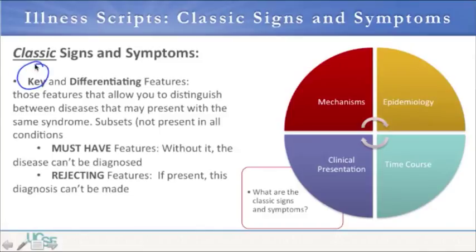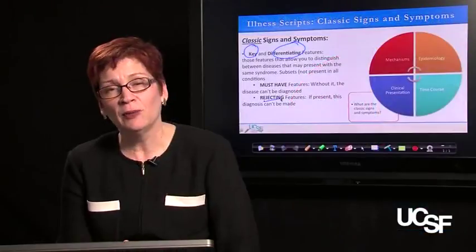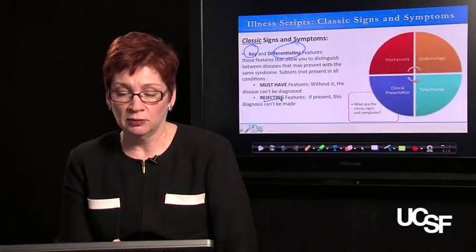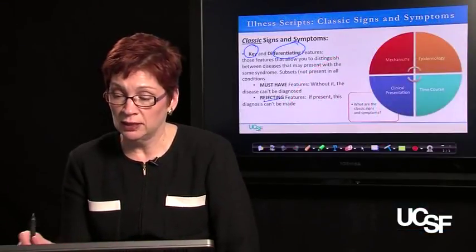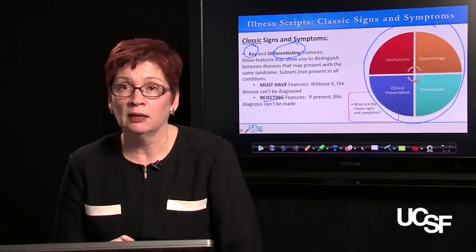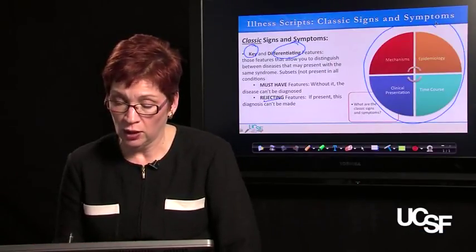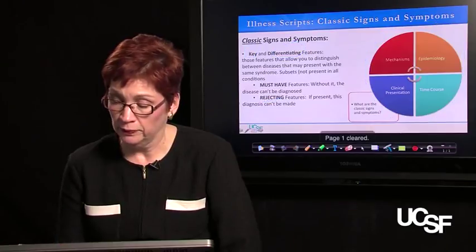Subsets of these key and differentiating features are what I have called must-have features. That means that this patient, in order to diagnose this disease, must have this particular sign or symptom. Or rejecting features. That is, if a patient has this particular sign or symptom, the diagnosis of this disease that we're considering can't be made. We'll give an example on the next slide.